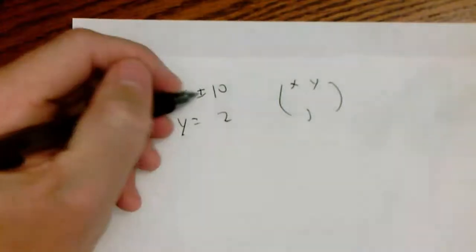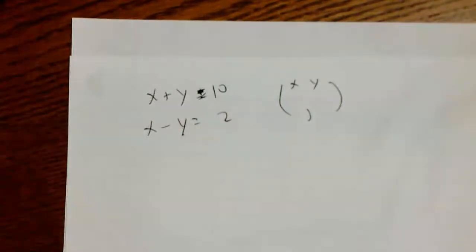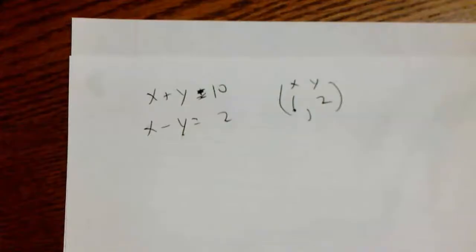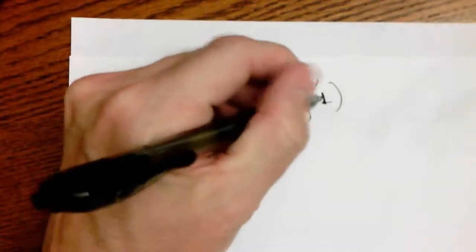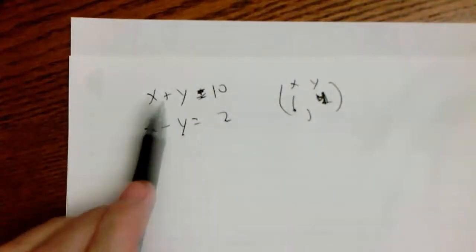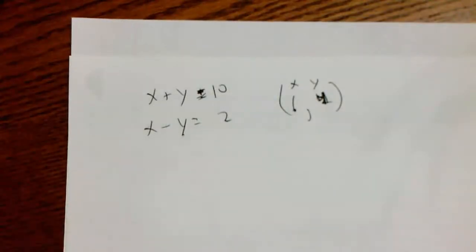Your goal is to find an ordered pair, an x value and a y value, that works for both equations at the same time. In this example, it might be x equals 6, y equals 4, because 6 plus 4 is 10 and 6 minus 4 is 2. So the question is, how do we find that ordered pair?